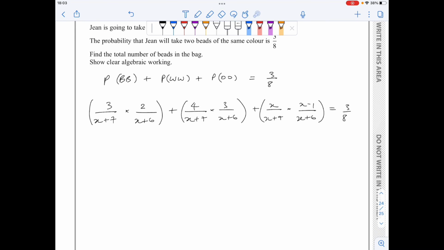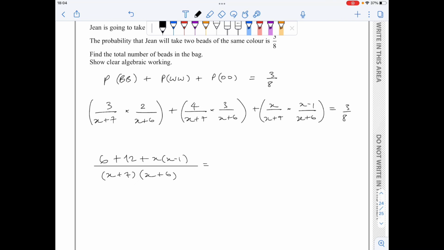Now note, all the denominators are equal. That's a product of 2 terms. So I can add the 3 probabilities. So (x plus 7)(x plus 6) will be my denominator. And then the numerators are 6 from the first bracket, 12 from the second, and x minus 1 from the third one.